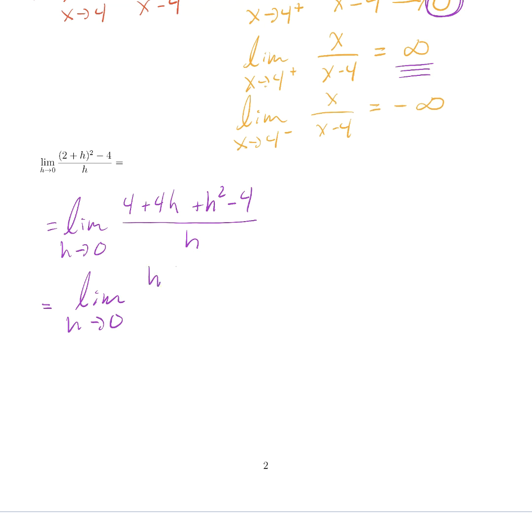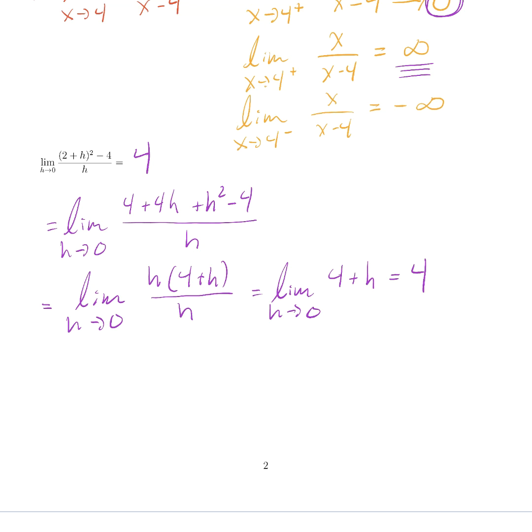We can factor out an h from both of the remaining terms. Get h times 4 plus h divided by h. And that is the limit as h approaches 0 of 4 plus h. Now we're in a spot where we can directly substitute. And that limit is 4, so that tells us that our original limit is also 4.